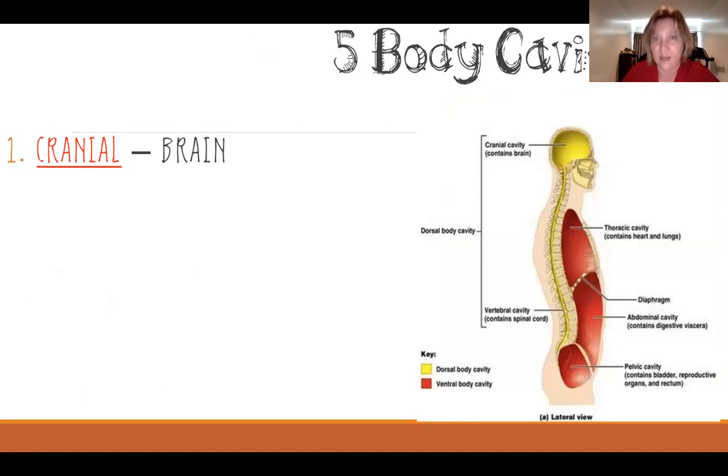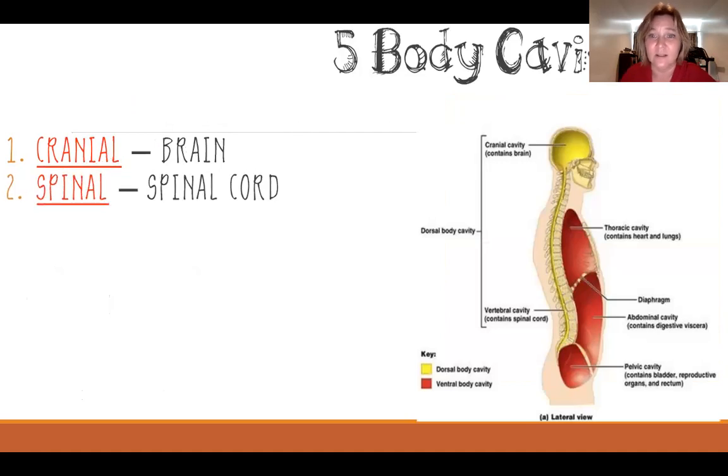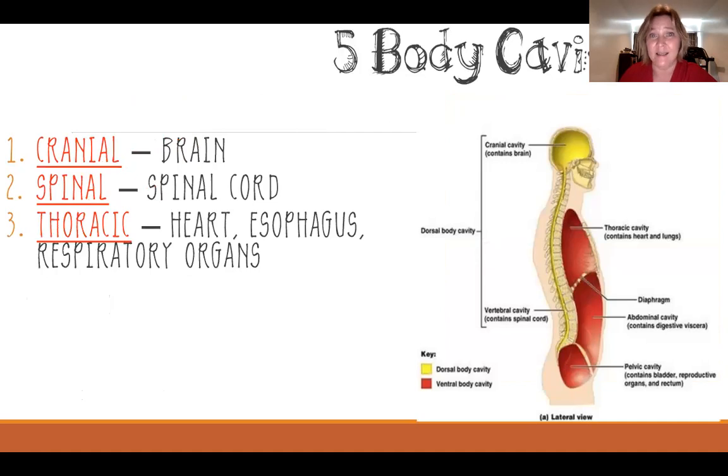Again, cranial or cranium means brain. You have the spinal cavity, which contains the spinal cord. You have the thoracic cavity here. This contains the heart, the esophagus, and the respiratory organs.